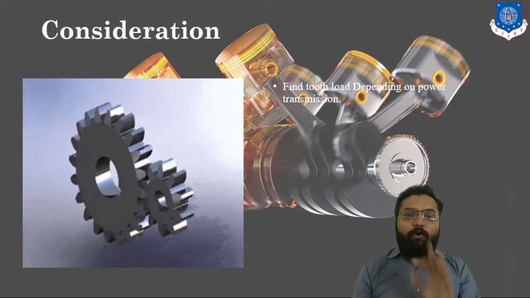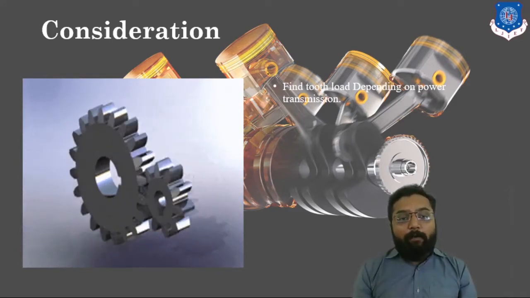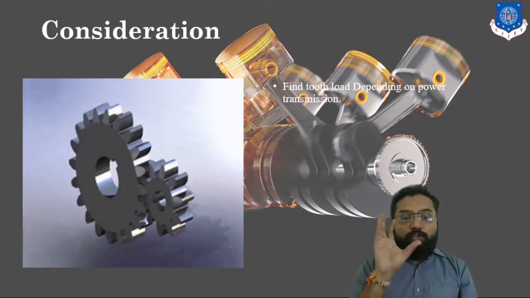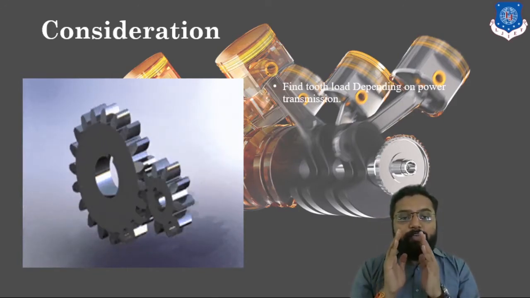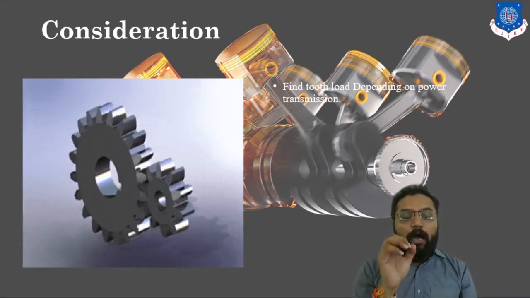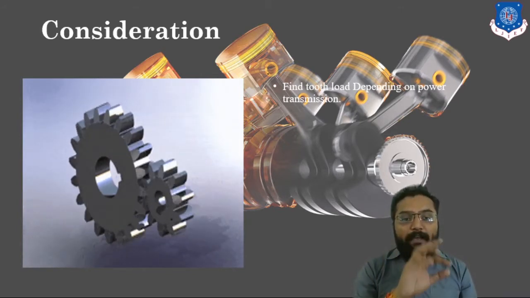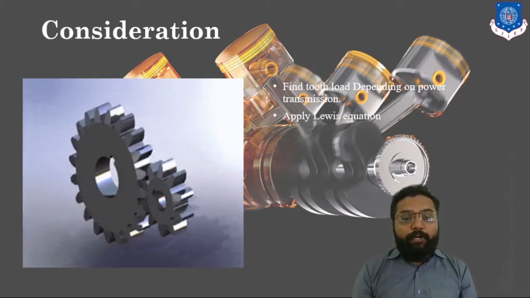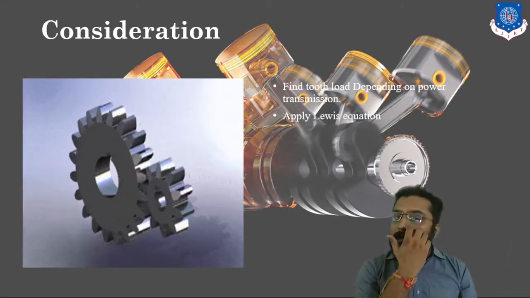The input criteria will be to find any amount of power at any particular velocity ratio. So our sole aim is to find the power to get that tooth load, which depends on the velocity ratio. Okay? Second is to apply the Lewis equation. How are we going to apply the Lewis equation?